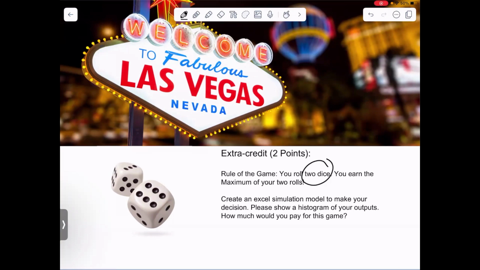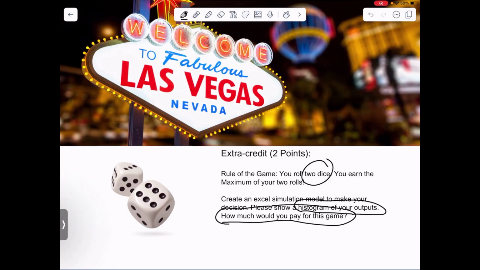I want you to follow the Excel simulation model that I just discussed in the how-to video and create a very similar simulation model with a histogram of your outputs. Once you watch that video, you'll understand what I mean. Then tell me how much you would pay for this game.